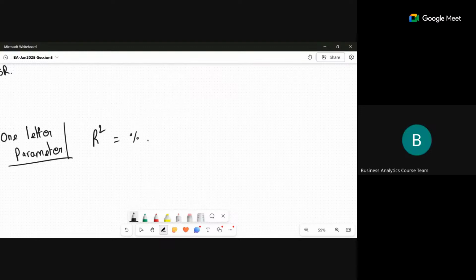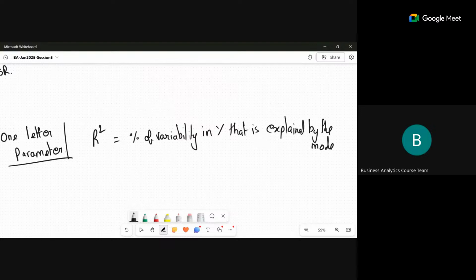It is nothing but the percentage of variability in y that is explained by the model. Right? So that is your R squared.